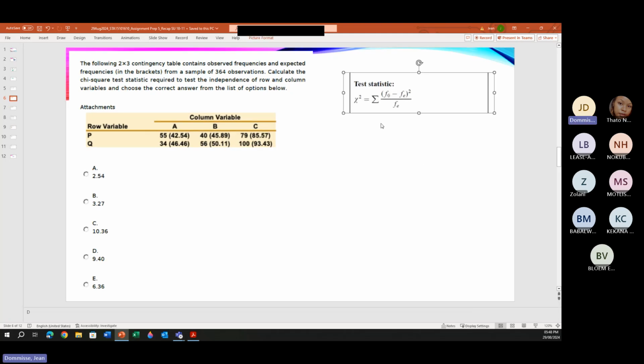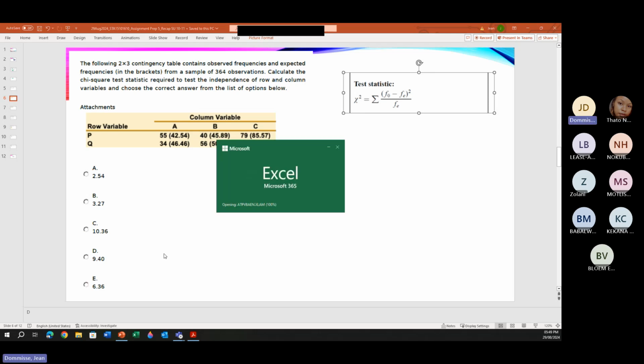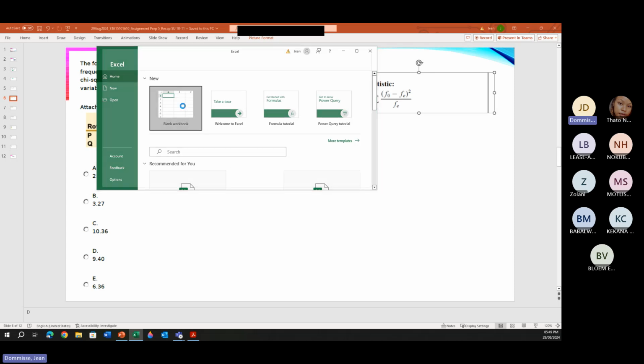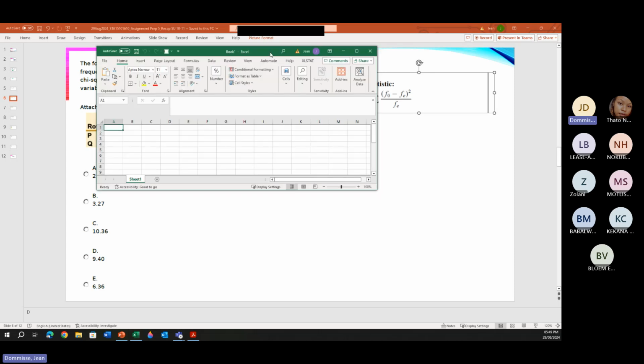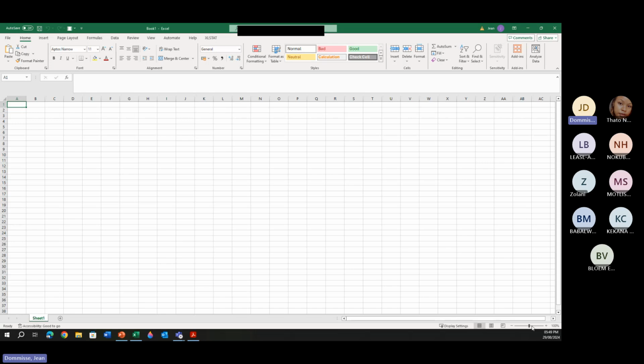Okay, it is quite a lot of work if you are going to do it by hand, because then you need to say that number minus that number in brackets to the power of 2, divided by the number in brackets. So again, I will use Excel even if it is not pre-populated.